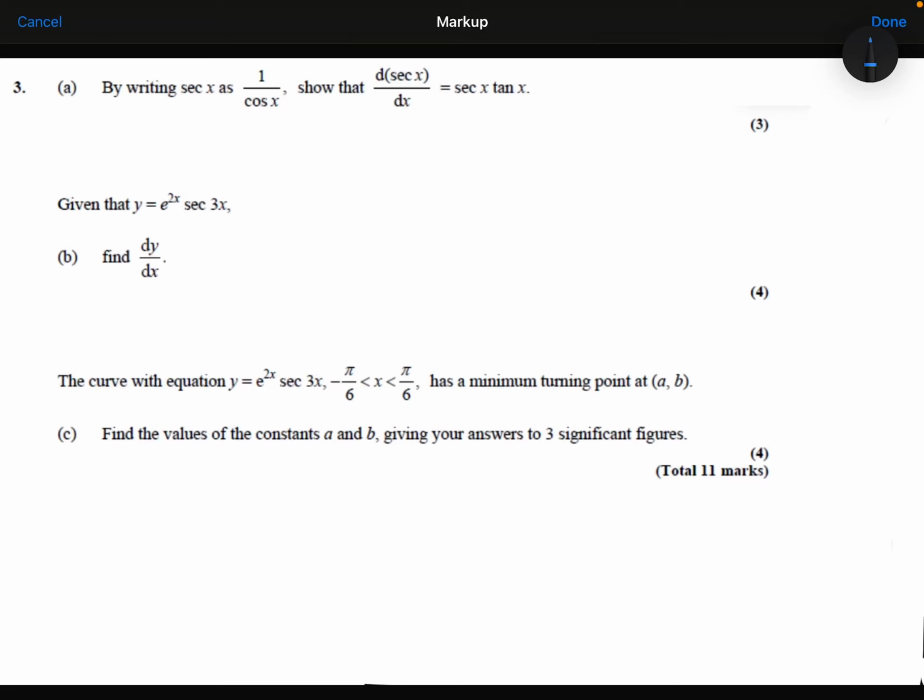Part A. By writing sec as 1 over cos, show that the derivative with respect to x of sec x is sec x tan x. So, if I write sec as 1 over cos like this, I can differentiate this using the quotient rule, where I say that u is 1 and v is cos x.